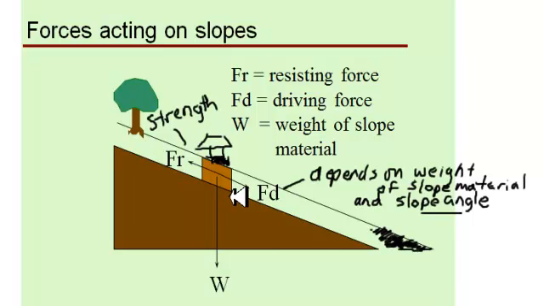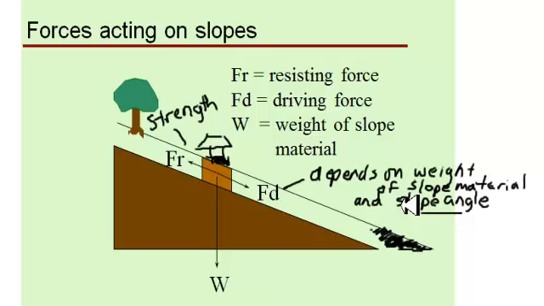Now, if we wanted to measure these things, we could take samples of the slope materials and do strength tests on them in the laboratory and assess the strength of the materials on the slope. To get some numbers on the magnitude of the driving force behind mass wasting, or how big the driving force is, we'd have to make an estimate of how much this material on the slope weighs, and we could more easily measure the slope angle.